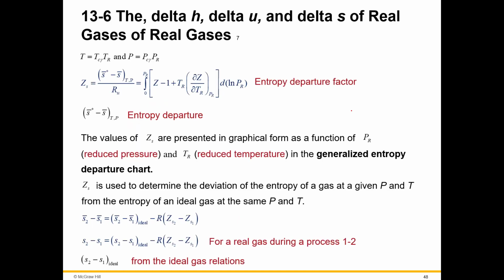So again, just more formulas and how we get the formulas that we're using. The values of Z_S are presented in graphical form as a function of P_R, so reduced pressure, and T_R, reduced temperature, in the generalized entropy departure chart, Z_S.